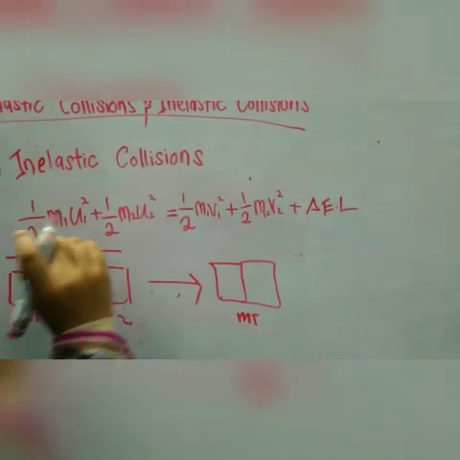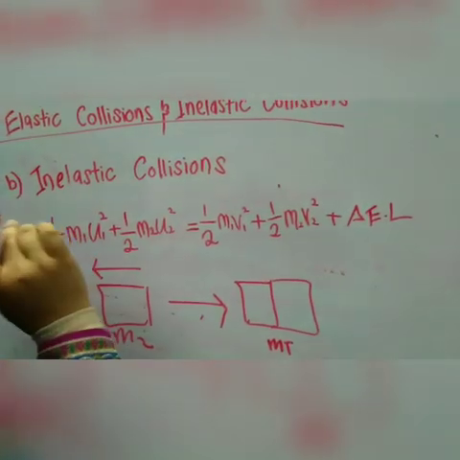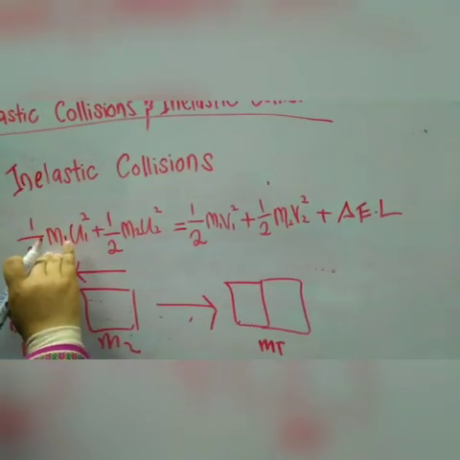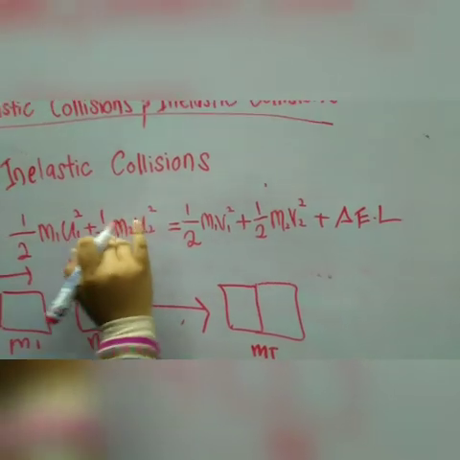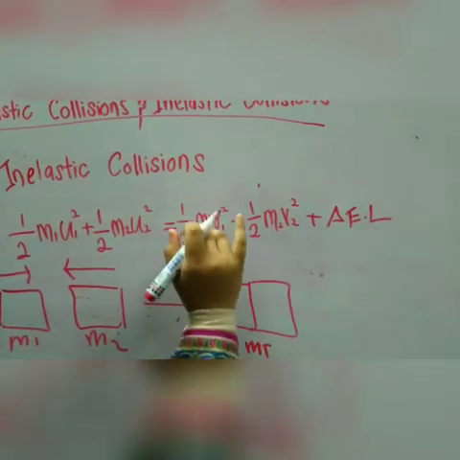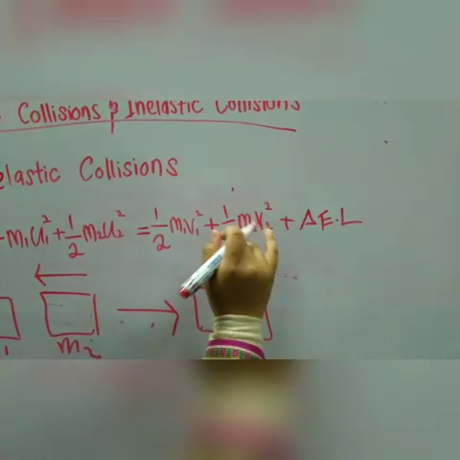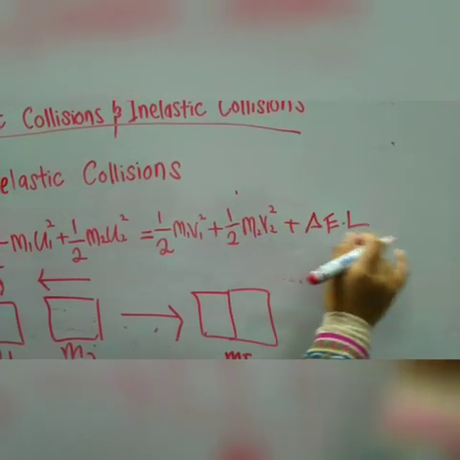The equation of the inelastic collision is 1/2 m1 u1 square plus 1/2 m2 u2 square equal to 1/2 m1 v1 square plus 1/2 m2 v2 square plus energy loss.